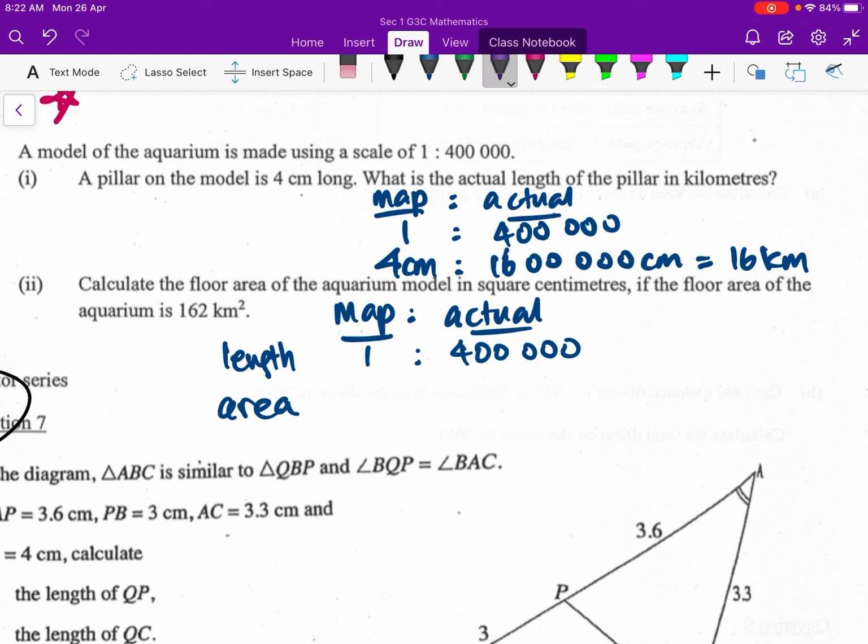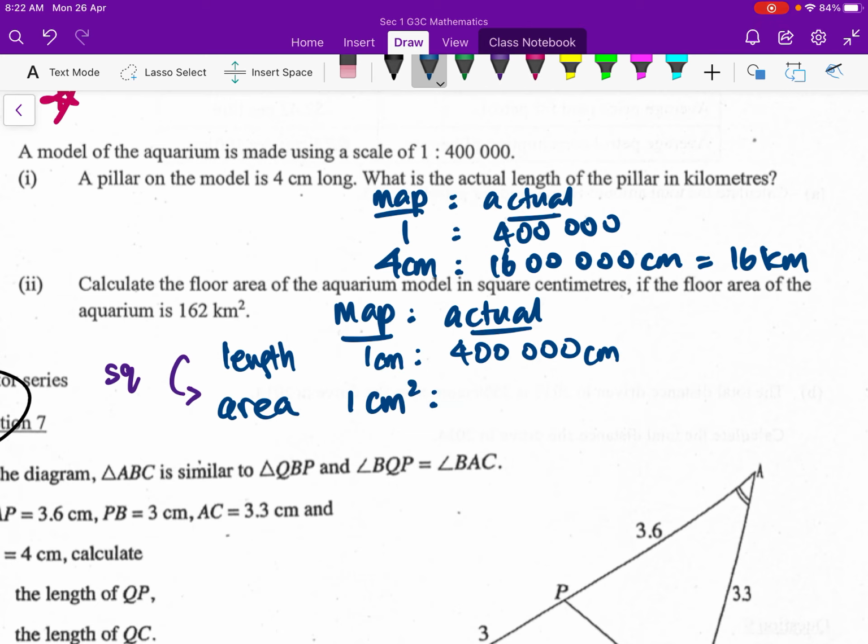From length to area, square. Everything you square it. So the next part, don't copy it, because it's going to be quite ridiculous. Okay, so 1 cm to 400,000 cm. Next, we're going to square everything. So 1 square, you get 1. Cm, when you square, you get square cm. Okay, looks alright so far, 1 square centimeter.